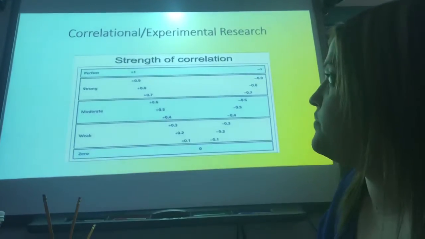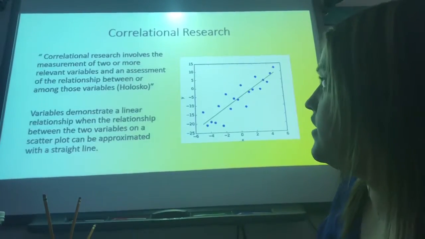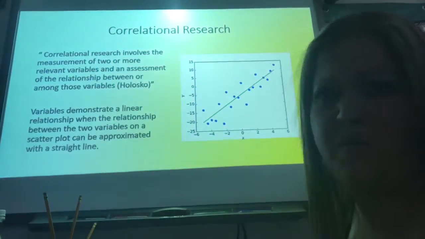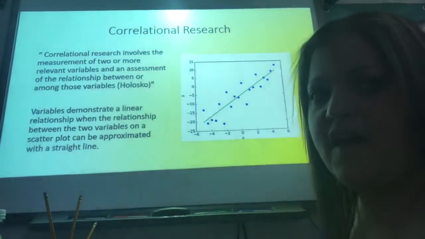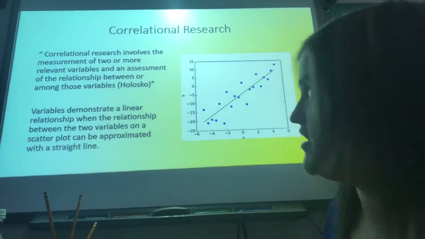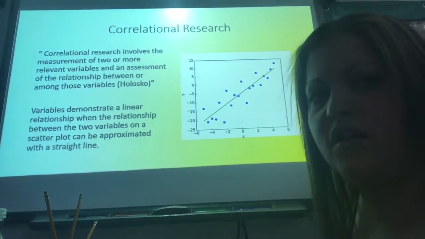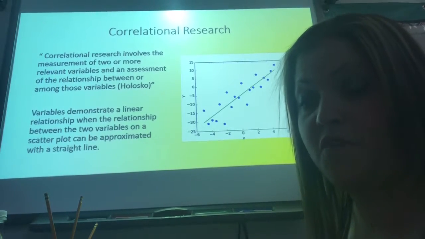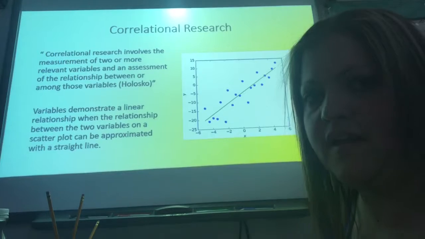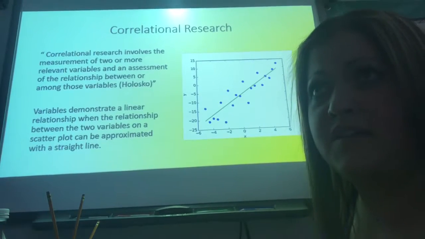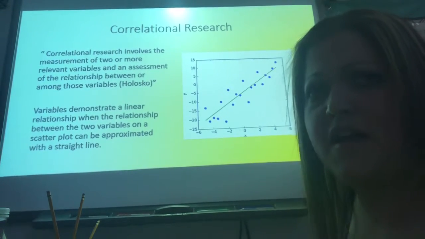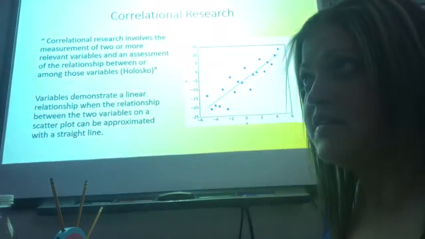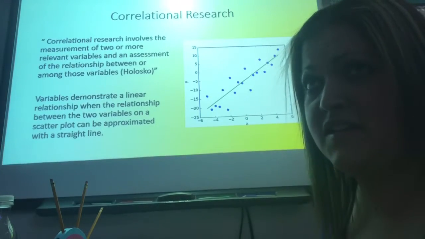So, correlational and experimental research. I went ahead and divided it into two separate things. They are related to each other, but I divided them into two separate sections. I did try to look at where correlational and experimental research came from or how it started, and the best I could get was a story from the 1970s about two guys who were trying to expand some kind of land and survey for it.